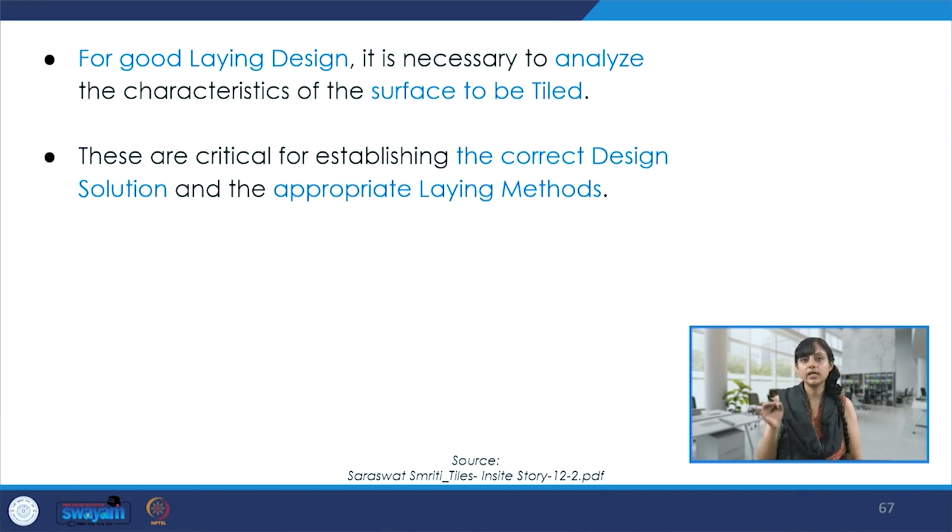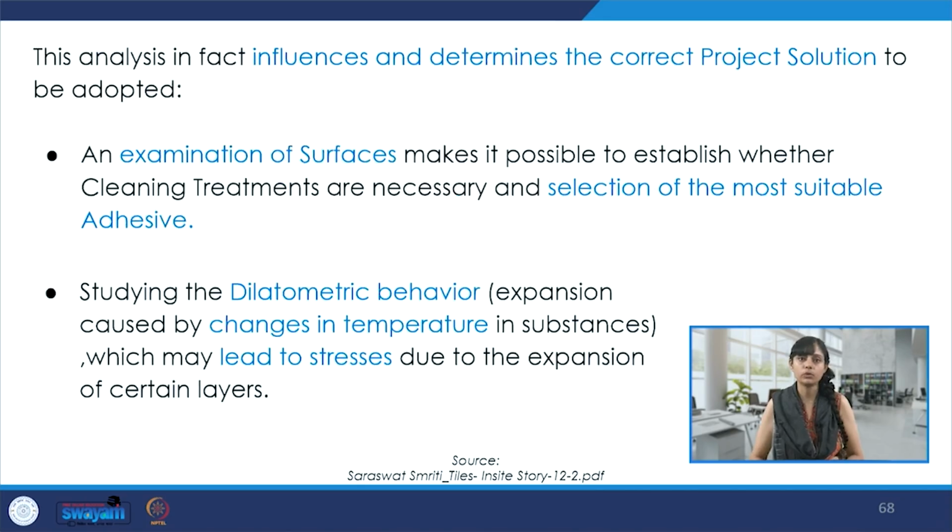For good laying design, it is necessary to analyze the characteristics of the surface to be tiled, and these are critical for establishing the correct design solution and the appropriate laying method, because analyzing what surface is to be tiled is very, very important. Now this analysis in fact influences and determines the correct project solution. An examination of surfaces makes it possible to establish whether cleaning treatments are necessary and to select the most suitable adhesive.